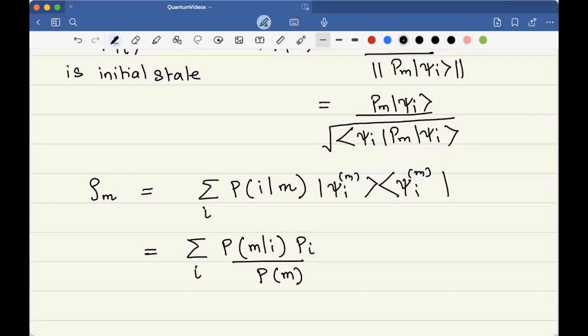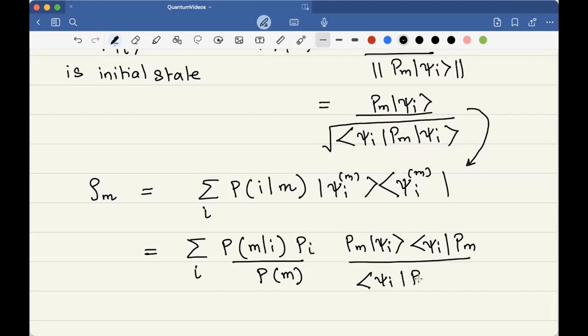I'm going to substitute this over here, so this is going to be PM psi I, and then the bra of that, psi I PM, and the square root will not be there because it will be multiplied by itself.